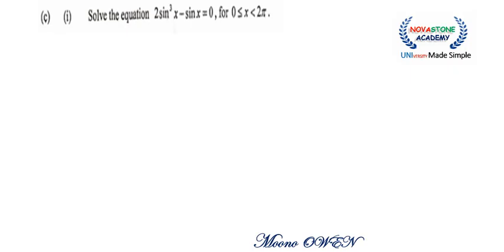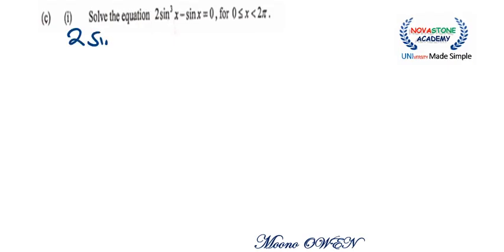So since we've been given 2 sine power 3x minus sine x is equal to 0, this is an equation. We've been told to solve this equation. So how are we going to find the values of x? Allow me first to factorize the sine x on both sides, because it's common.